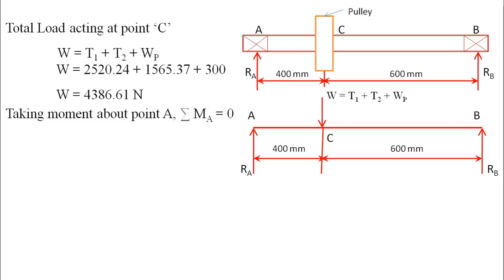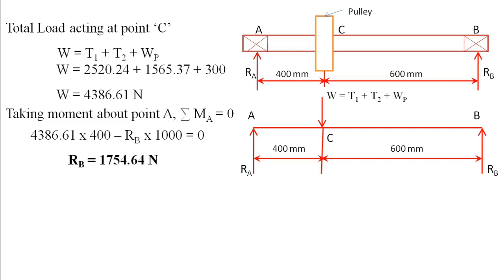Therefore, taking positive 4386.61 into 400. 400 is its perpendicular distance from point A to C. After that, reaction at B is going in an anti-clockwise direction about point A. Therefore, taking negative RB into 1000. 1000 is the perpendicular distance, the total distance of that shaft, is equal to 0. From this equation, we calculate RB is equal to 1754.64 Newton.